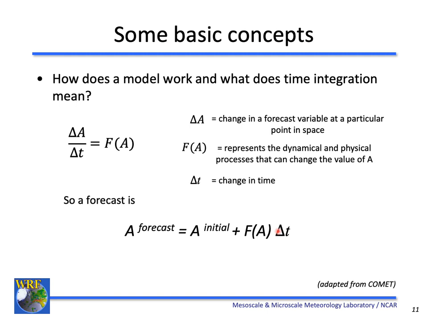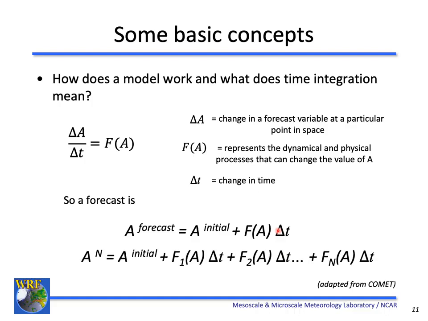So in the model, the solution is obtained in many time steps, which we call time integration, as shown in this next equation. You will hear us talk a lot about model initial conditions and the time integration in this tutorial.